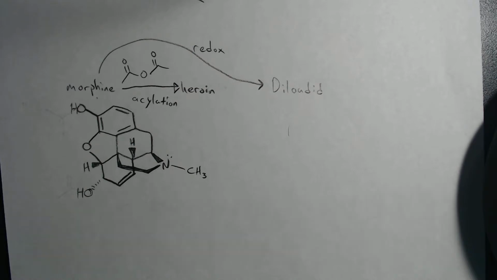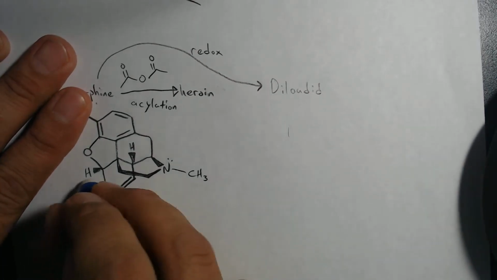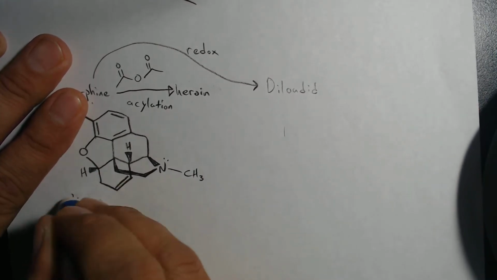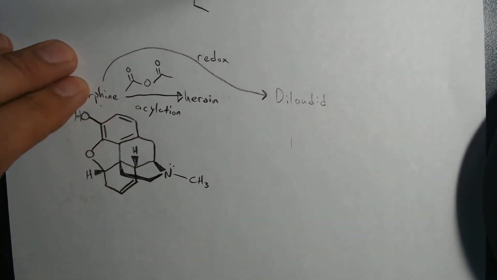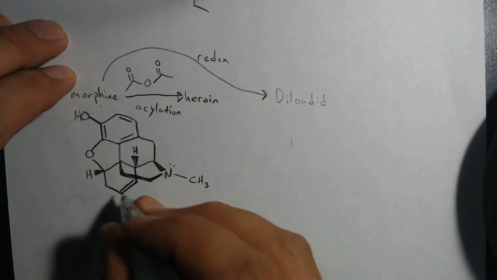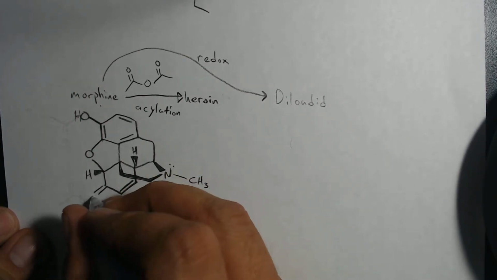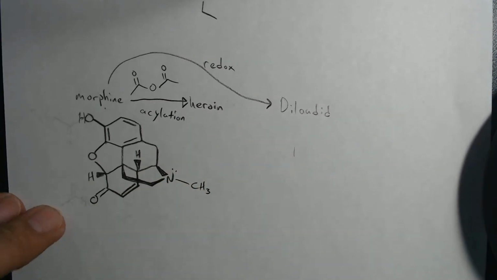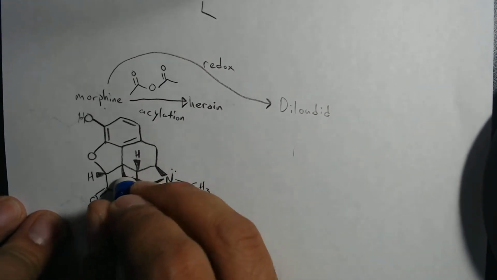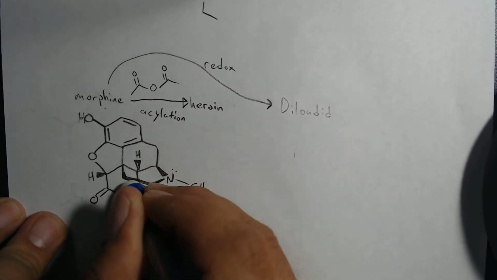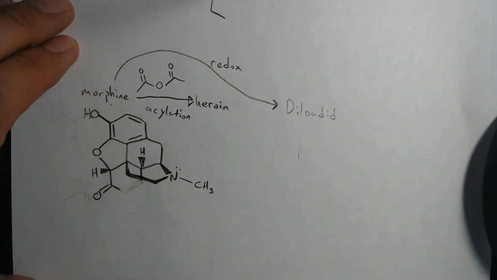So for example, one of the simplest transformations that people do is you can get rid of this OH, and we can do what's called an oxidation. You remember oxidation reduction? Don't worry about this now, I'm just talking here. But if we turn that to a double bond O, that is an oxidation, and then get rid of the double bond, that is a reduction.